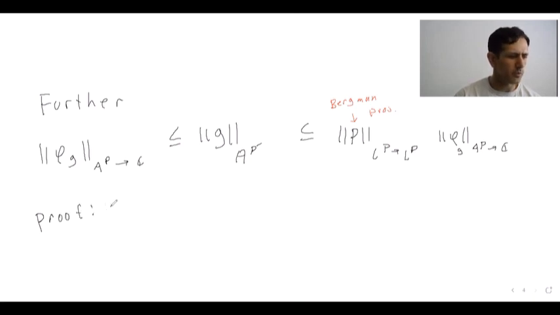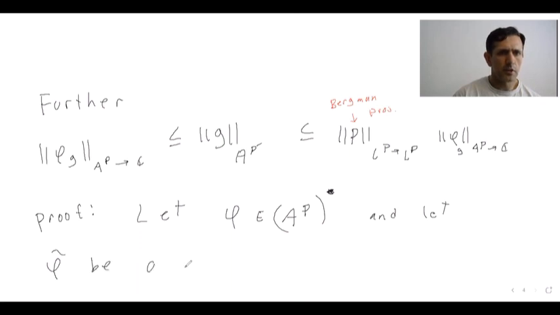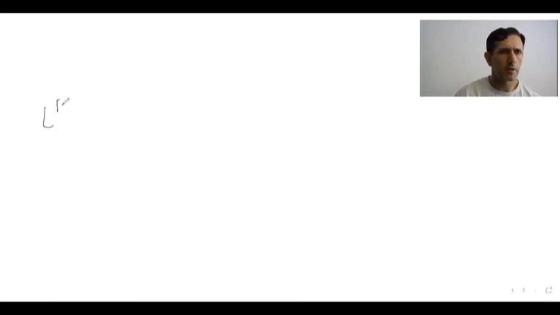Okay, so what's the proof? Well, the proof starting off is literally the Hahn-Banach theorem. Pick something in AP star, and let phi tilde be a Hahn-Banach extension to LP.